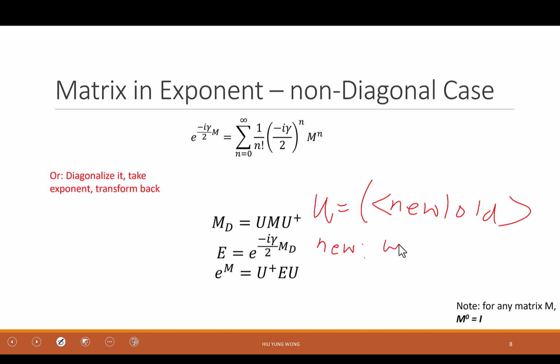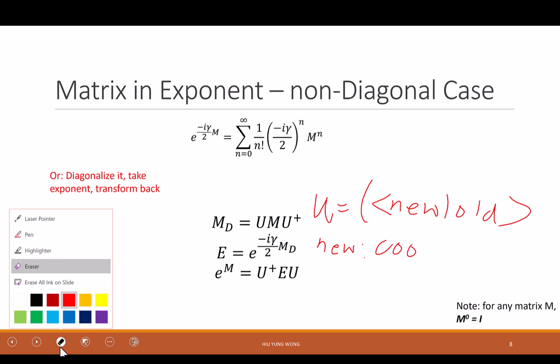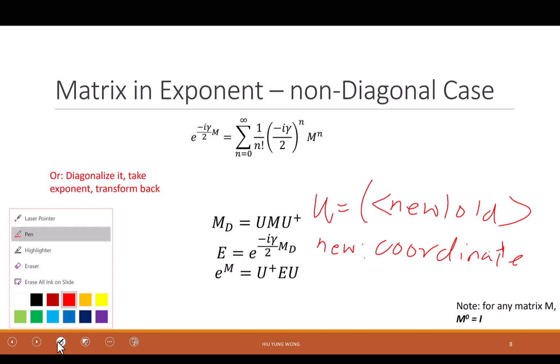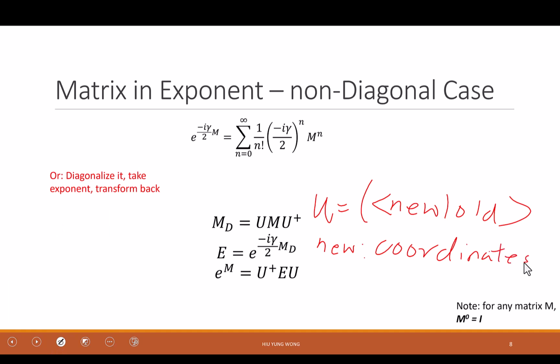New is the coordinates in which M is diagonalized, or diagonal.